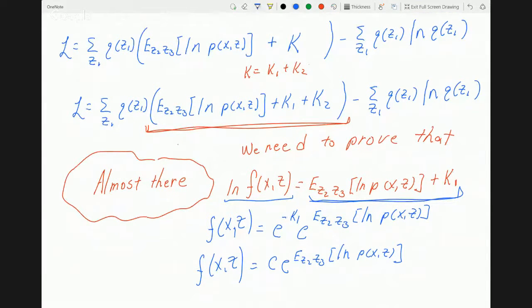So we know that this is some function right here, an expectation, and then this is some constant. And obviously, if you have some function plus some constant, it is also some function. But the thing that I want to show is that this is not just any function.